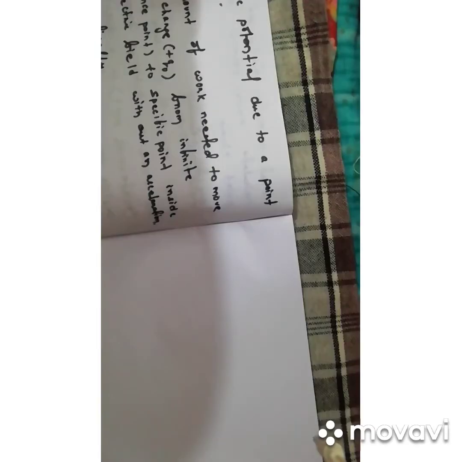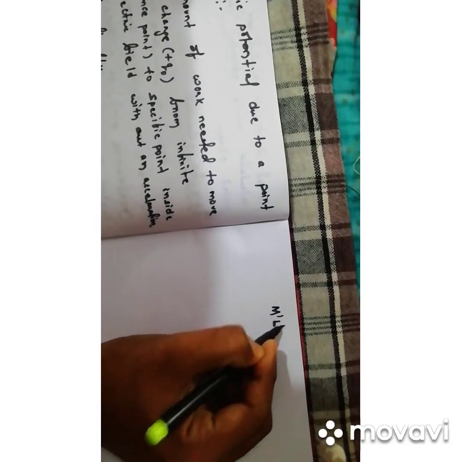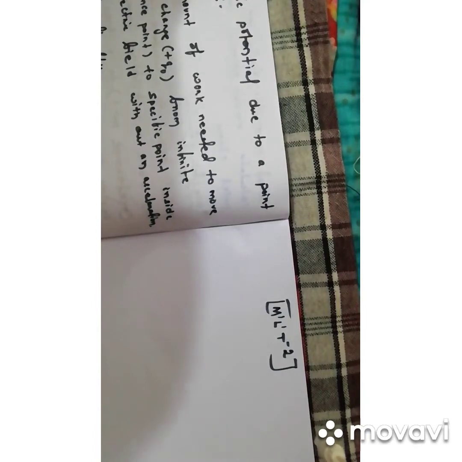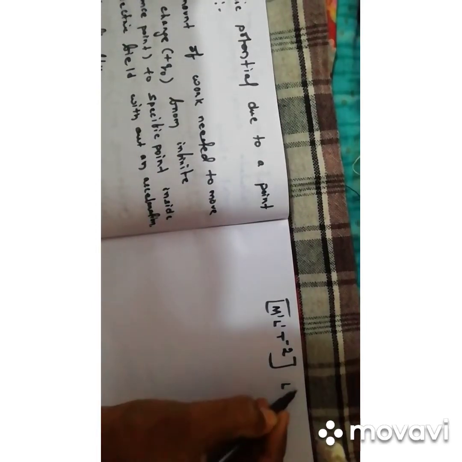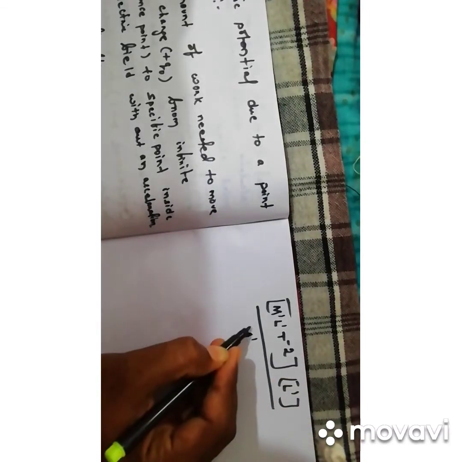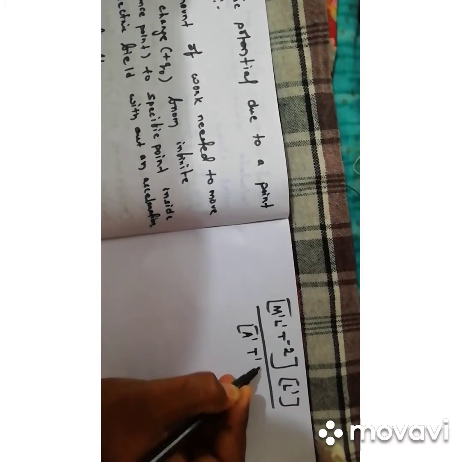Here the dimension formula of F is M1 L1 T minus 2, and the dimension formula of displacement is L1, divided by the dimension formula of charge. The dimension of current is ampere, A1, and time is T1.